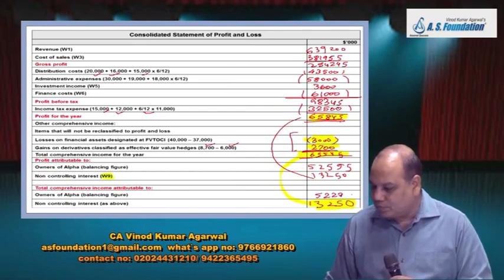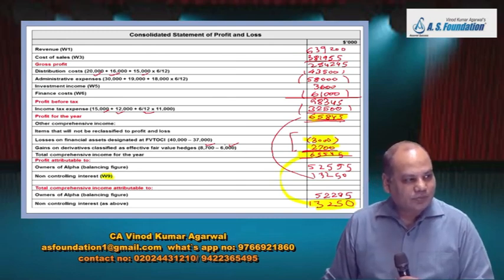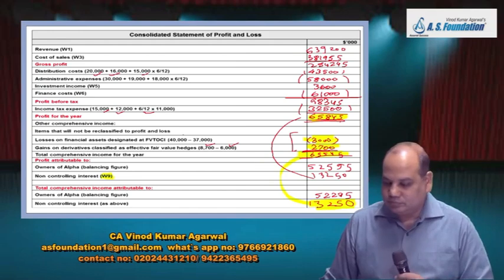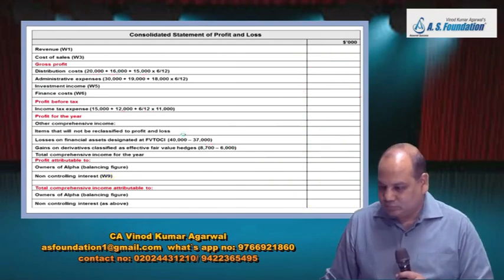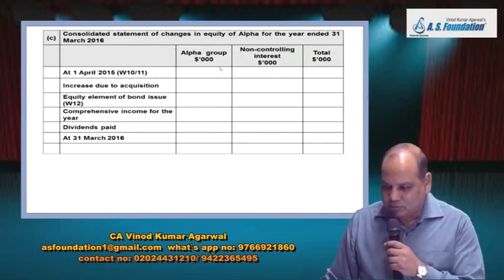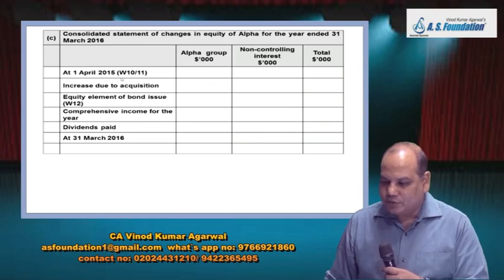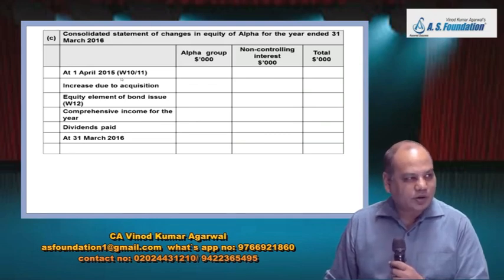If they only ask you statement of profit and loss, this much you will write. But they've also asked you to prepare statement of changes in equity. So for the opening balance, on 1st April 15, we had only one subsidiary.